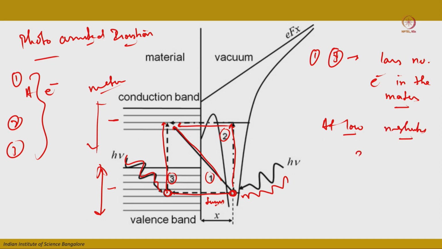For this, the third process is more dominant. The third process is the absorption of energy in the material, which creates a hole by transferring the electron to the conduction band, and the electron from the adsorbed atom can tunnel through and occupy that hole position. So this is more dominant at low temperature for semiconductors and insulators.